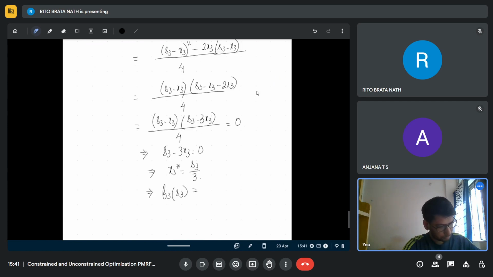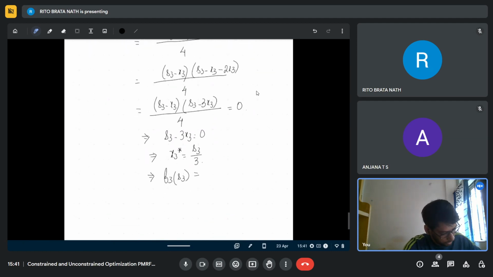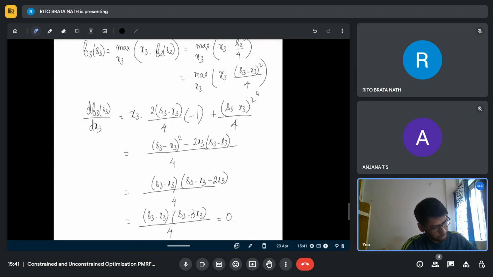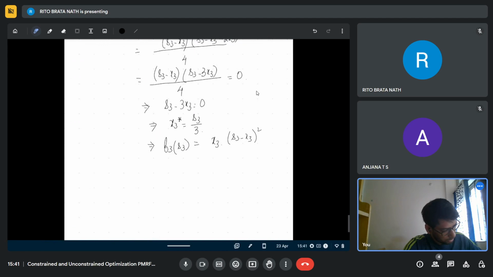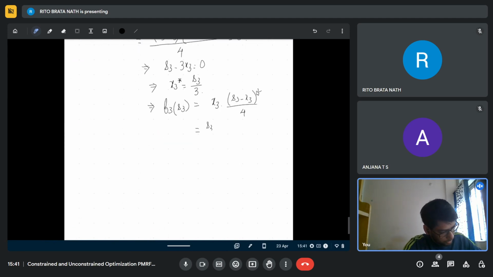And then you can also write your f3 of s3 equals x3 multiplied by this whole square by 4. So you can put it as s3 by 3 times this, which is s3 by 12, and then you have 2s3 by 3 also.